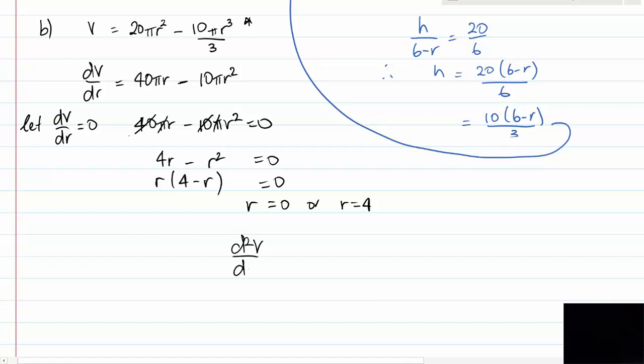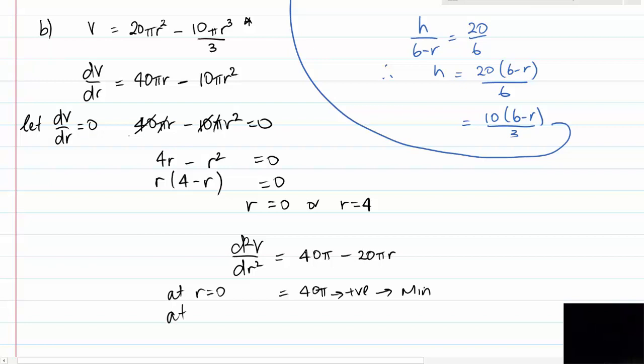So d squared V over dr squared is equal to 40 pi minus 20 pi r. At r equals 0, this is equal to 40 pi, which is positive, which is a minimum.